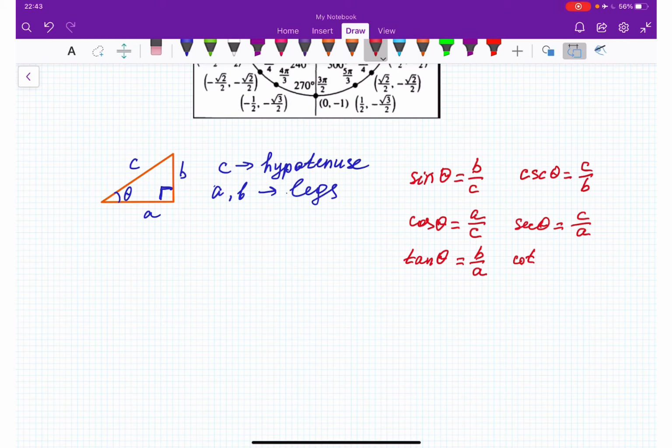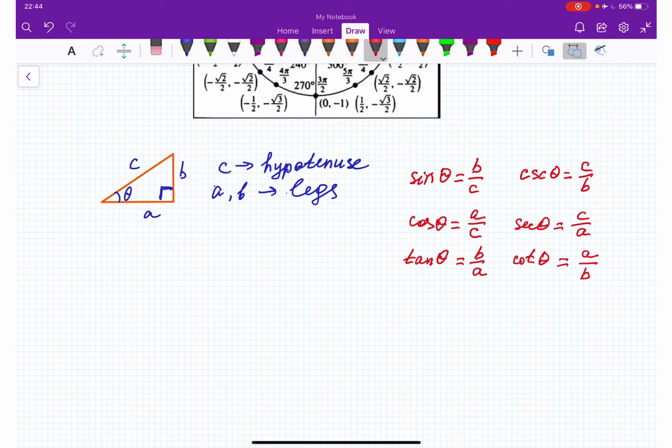Secant is 1 over cosine, and cotangent is 1 over tangent. Because for cotangent theta, you also flip the ratio, so it's going to be adjacent leg to opposite leg. Okay?